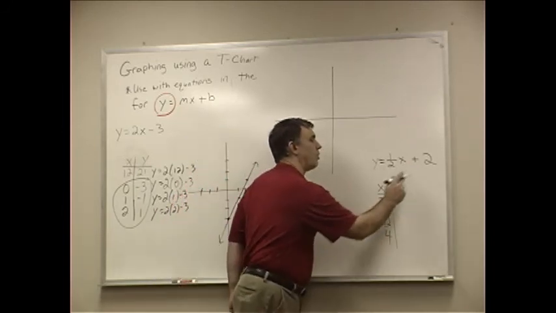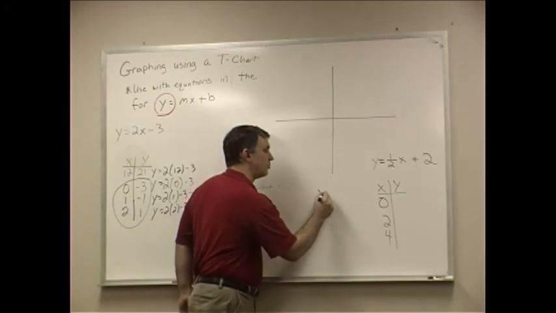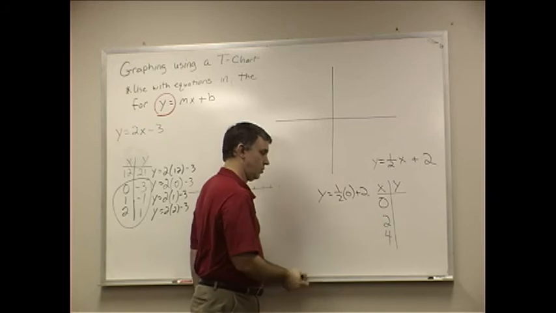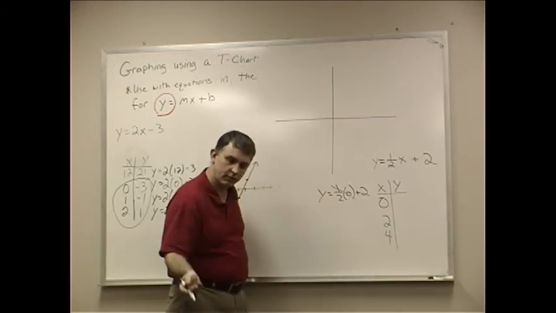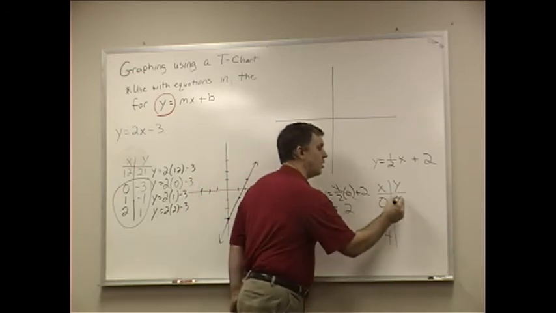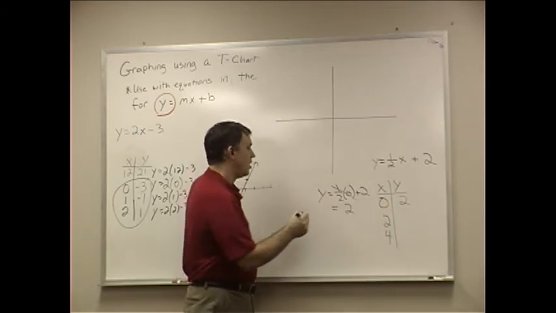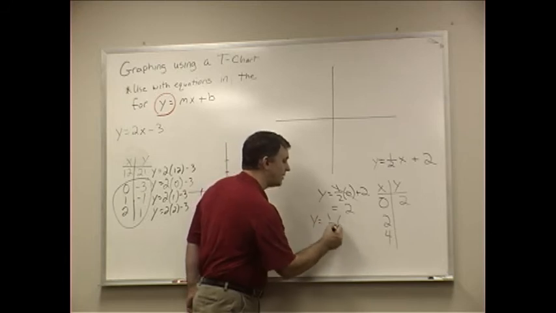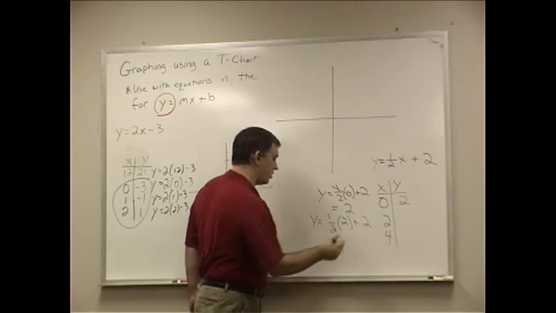So y equals 1/2 x plus 2. So y equals 1/2 times 0 plus 2. 1/2 times 0 is 0. 0 plus 2 is 2. So we get a 2 there. For the second one, y equals 1/2 times 2 plus 2.